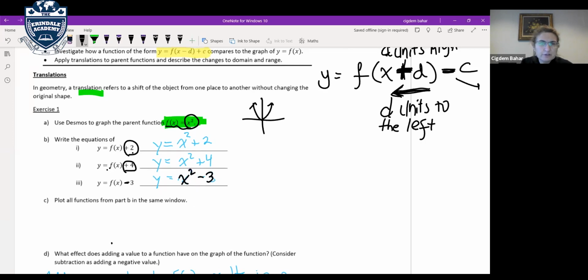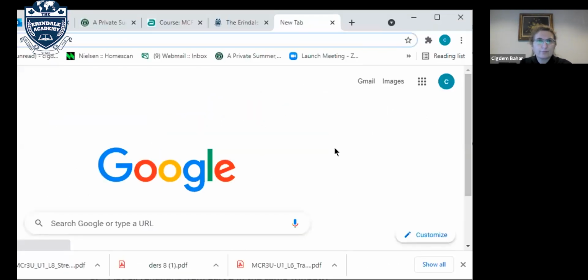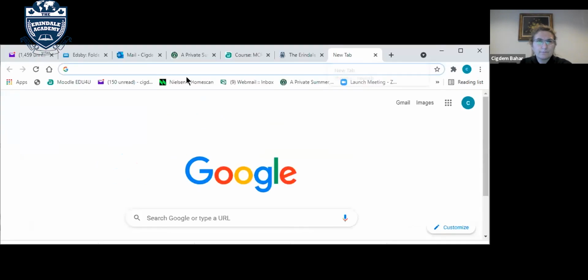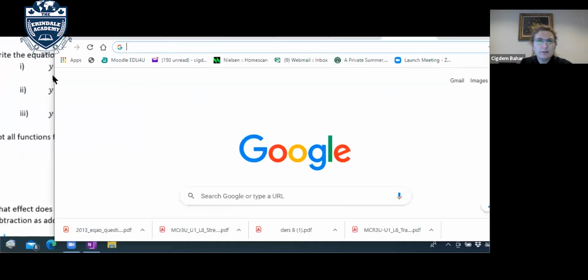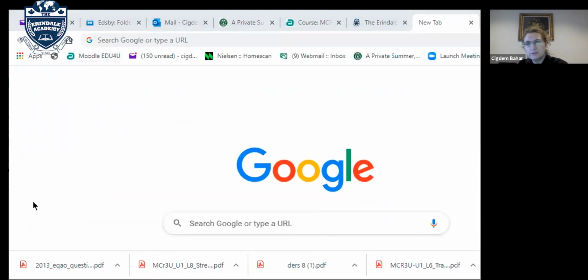Now, I'll take you to Desmos. Let me write them on Desmos. This is a graphing calculator. Click and then copy. y equals x squared.